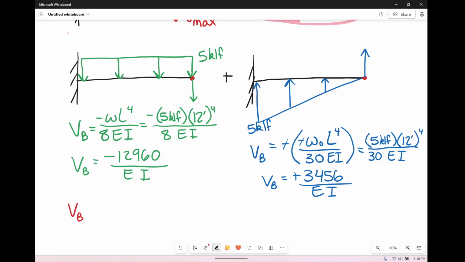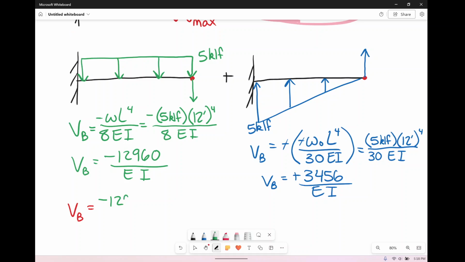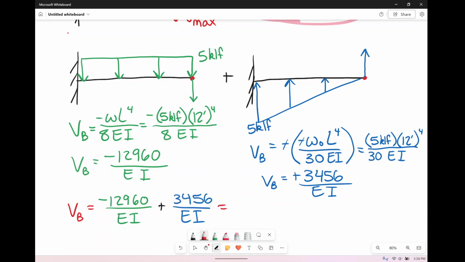So my total VB for the red guy is going to be the green one, who is minus 12,960 over EI, and then plus my blue one, who is 3,456 over EI. And what I'm going to get for my answer for the total red force is going to be minus 9,504 over EI.